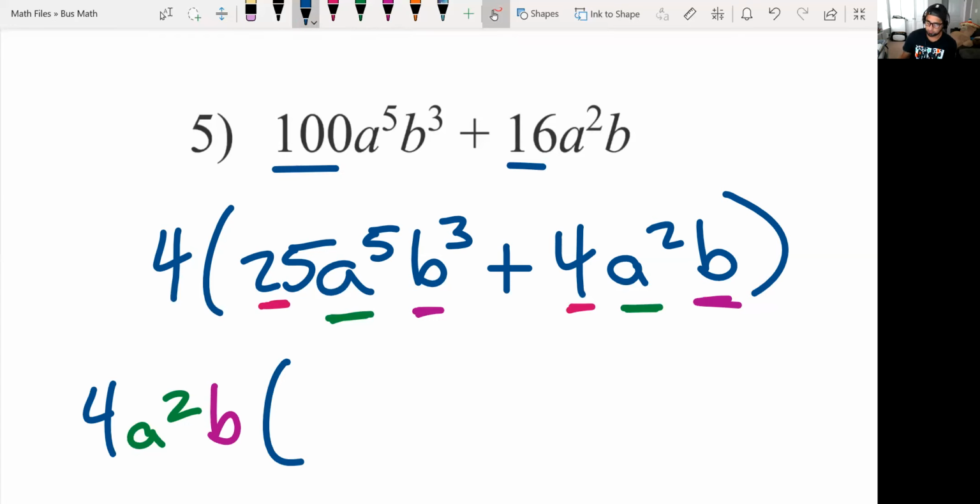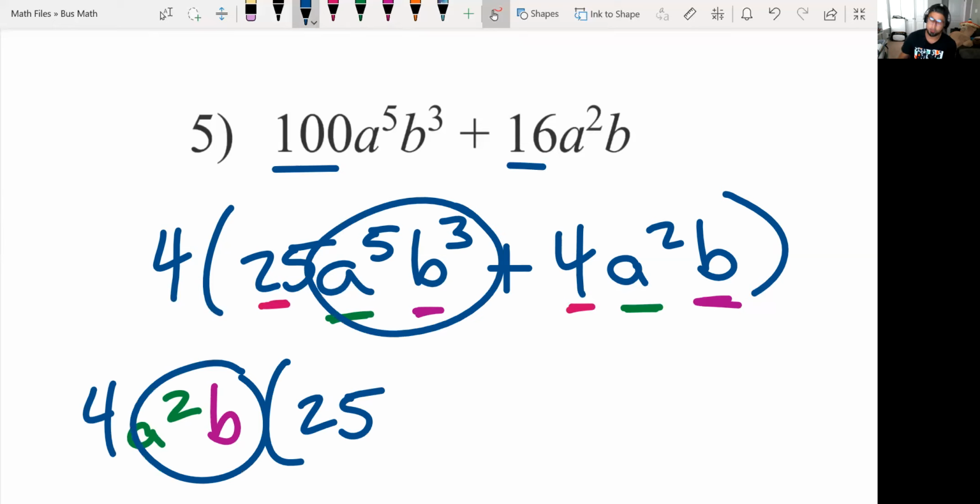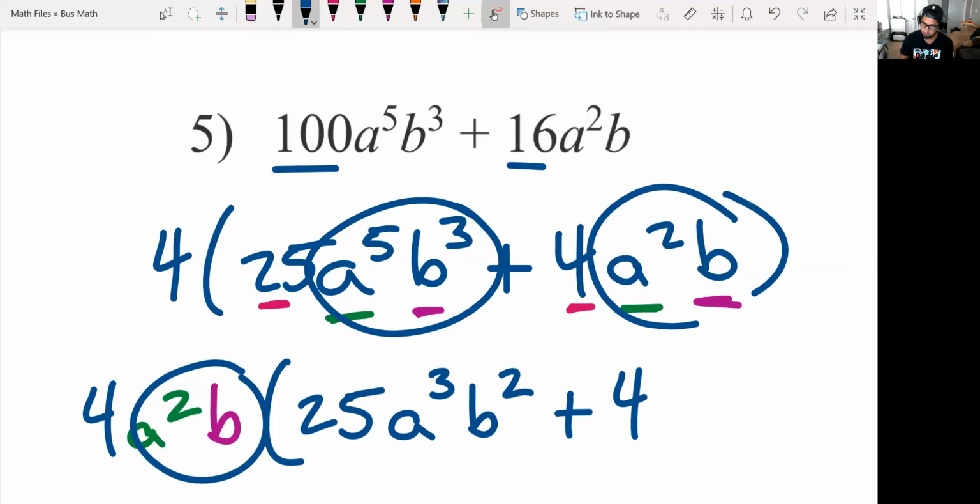And now the 25 stays, but now a squared b from a to the 5th b cubed. Well, a to the 5th, a squared from a to the 5th gives me a cubed. B from b cubed gives me b squared. Plus the 4 stays, and now a squared b from a squared b.